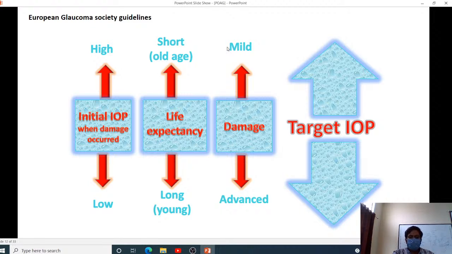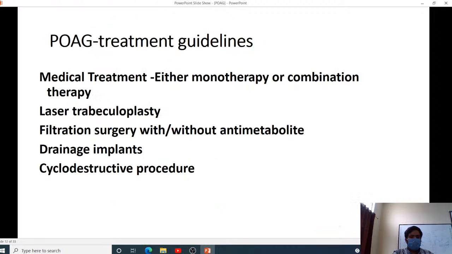High means in the upper 20s. But if the patient's initial IOP is low, the patient is young, that is he has a long life expectancy, and the damage is advanced, in all these three conditions we have to set a low target IOP. So this particular concept is very important in treating any glaucoma patient.